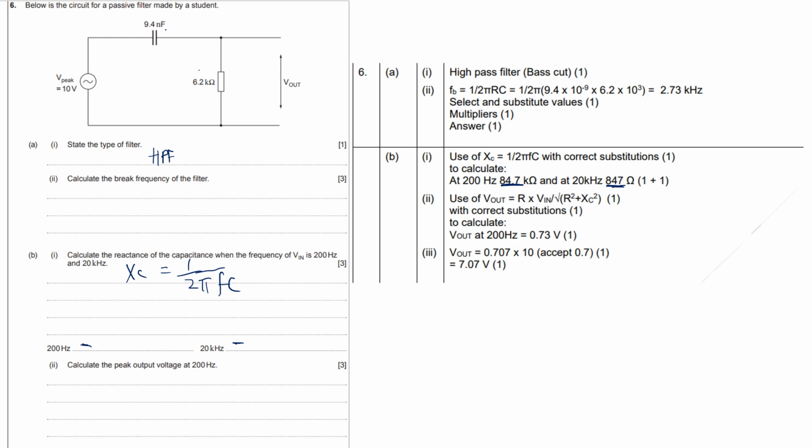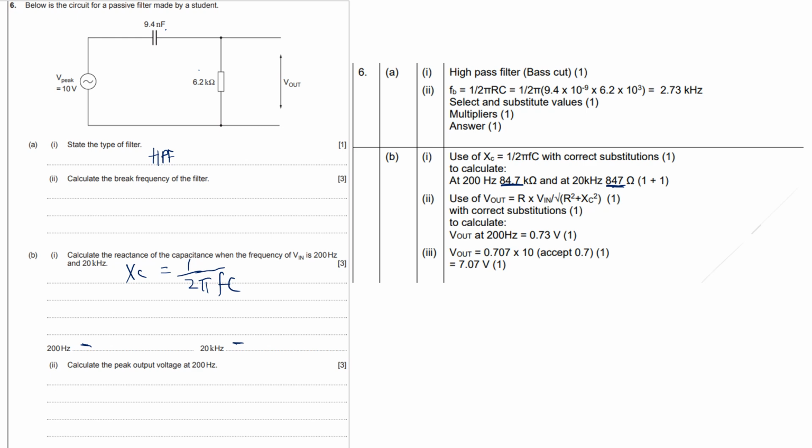Okay, calculate the peak output voltage at the 200 hertz. So it's like a potential divider now, isn't it? Do you remember that one? We need to find the impedance for this one, don't we?